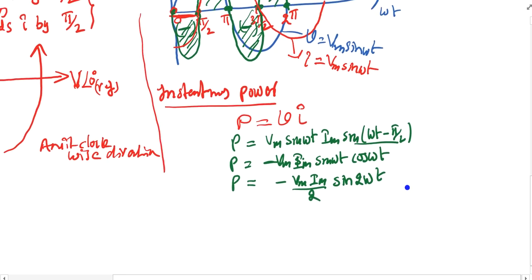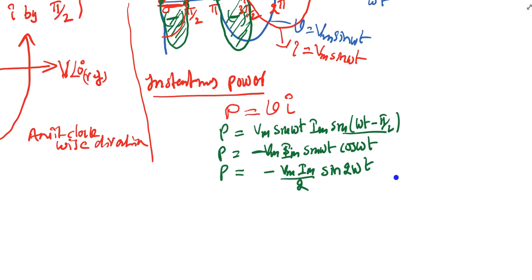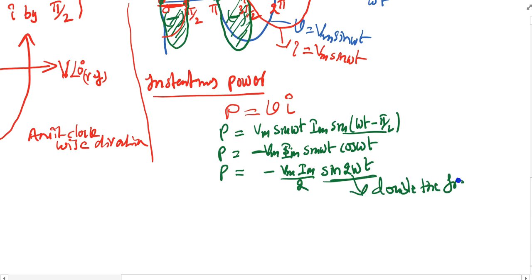So the information we are getting from here is that my instantaneous power has double the frequency. It means the frequency of this instantaneous power is twice the fundamental frequency.